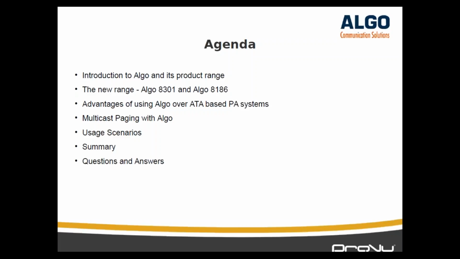Then we will briefly discuss multicast paging and go through some user scenarios, and eventually we'll have a summary and question and answer session where you can ask any questions you may have about the product range.